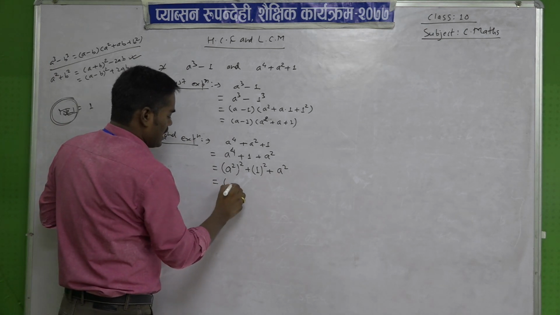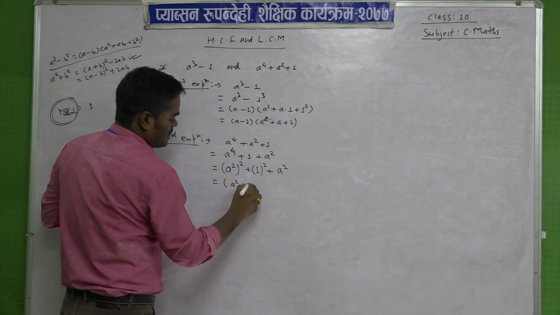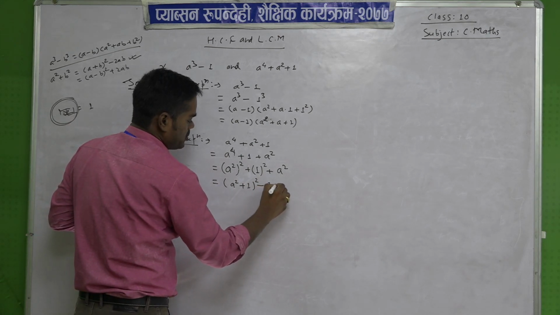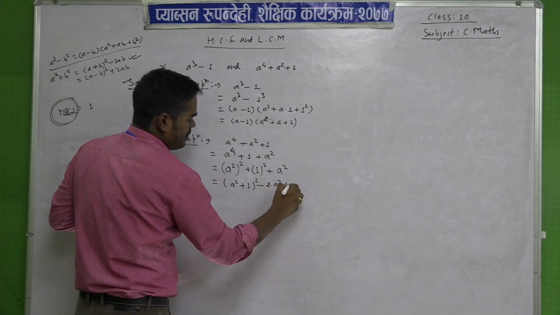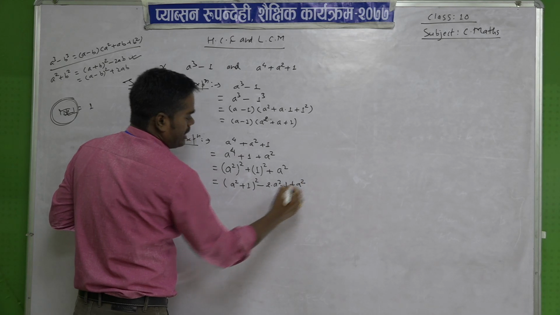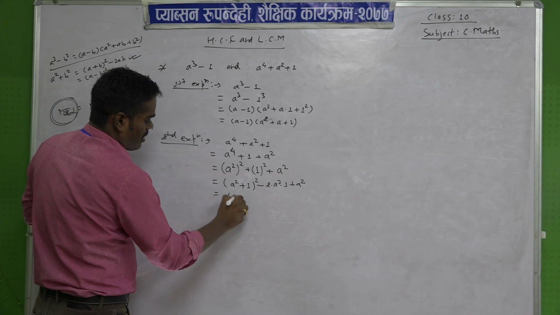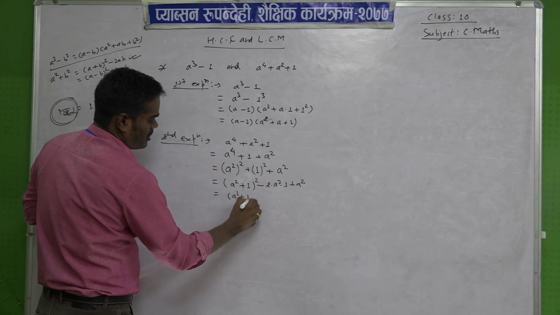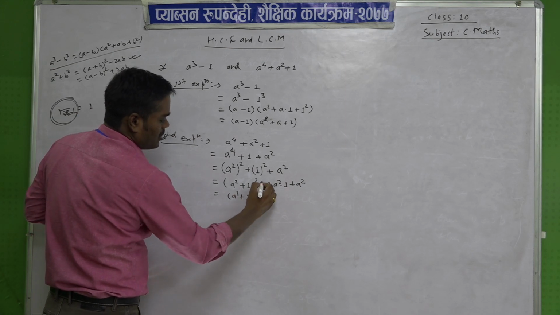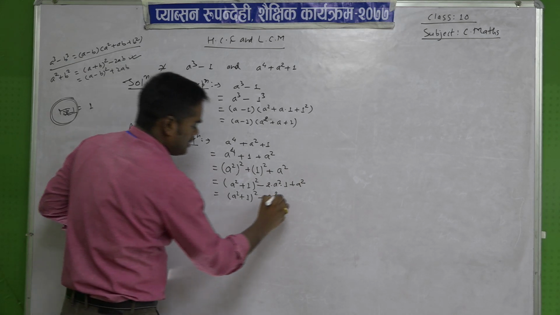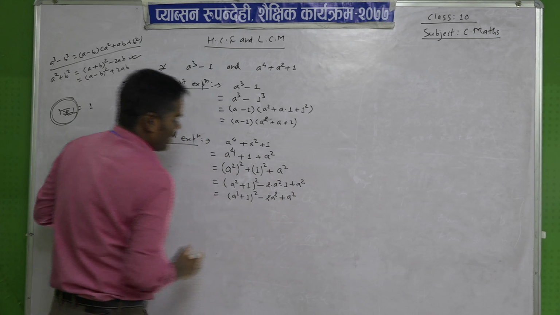So a plus b whole square minus 2ab, and a square is already given there. So it became a square plus 1 whole square minus 2 into 1 into a square, that is 2a square, plus a square.